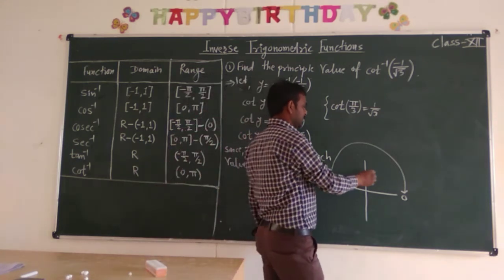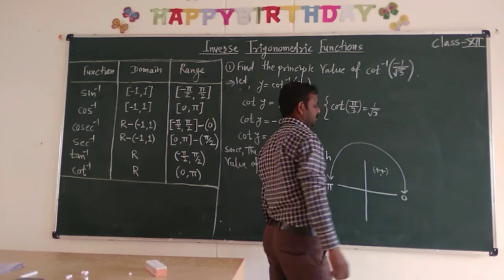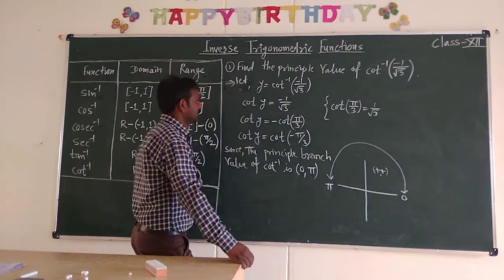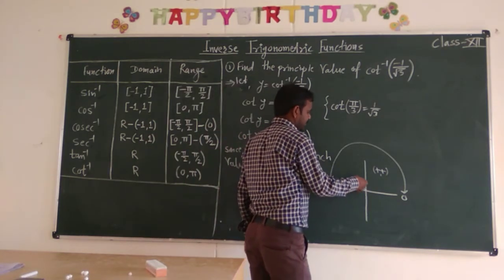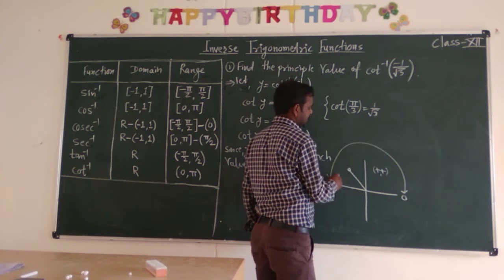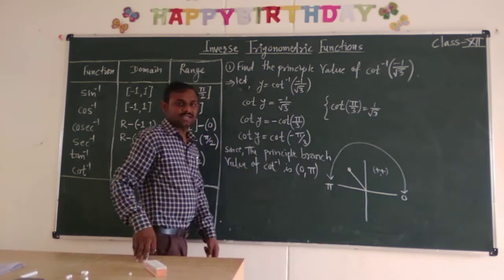In the first quadrant, both tan and cot are positive. Therefore, cot is negative in the second quadrant.